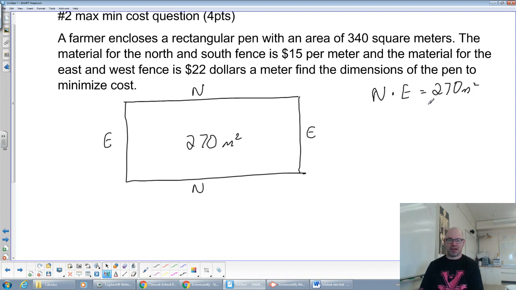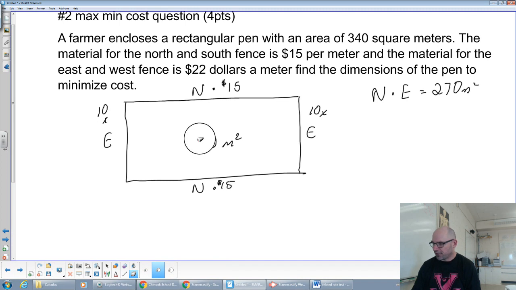Now we have to come up with a cost. So this one is the north times $15 a meter. This one is times $10 a meter. So, why did I put 270 there?